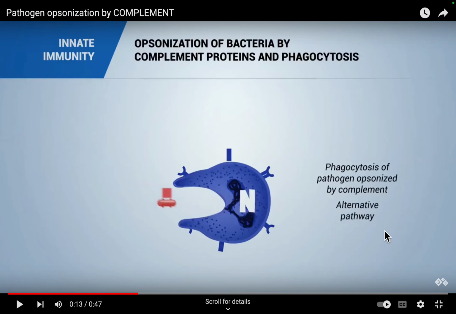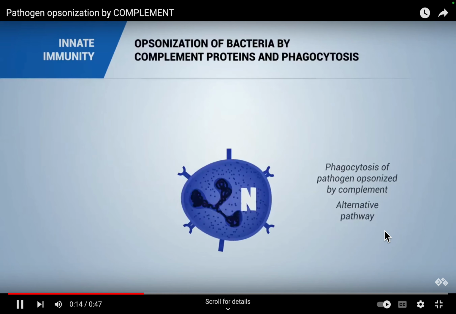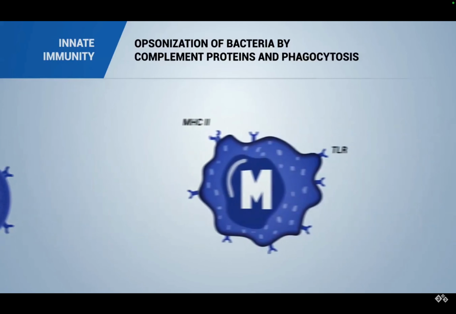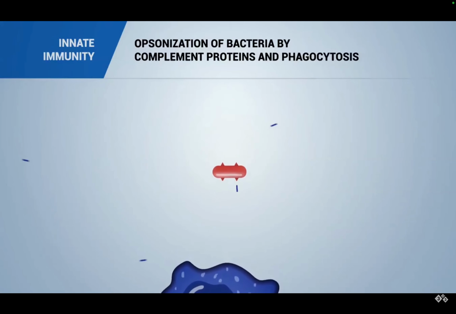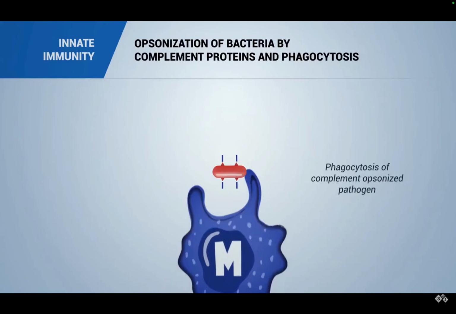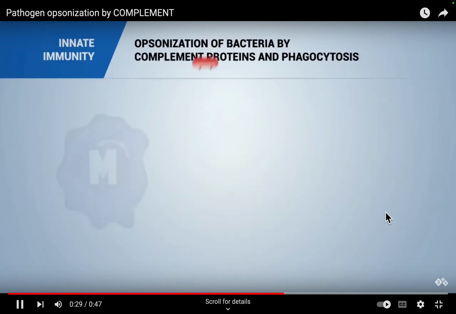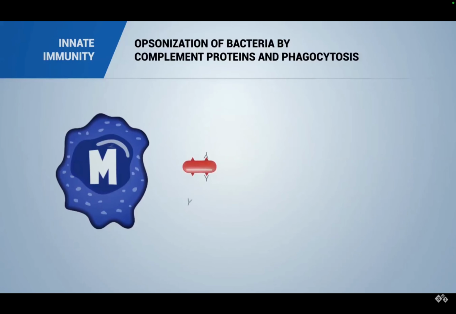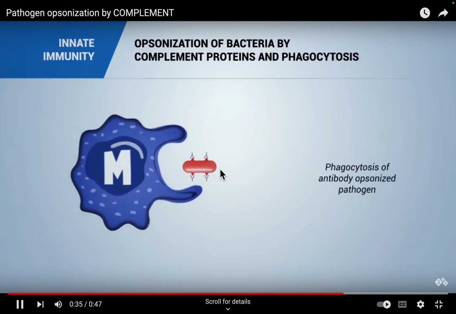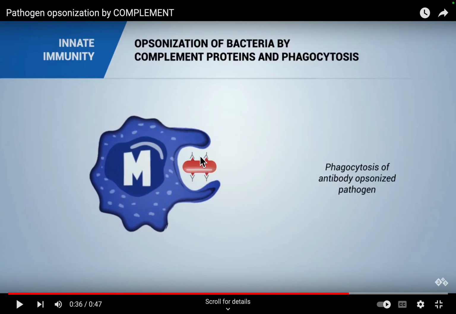This is one example of the mannose binding lectin pathway. This is the alternative pathway. Here it would be the classic pathway. See, pathogens are getting recognized by antibody, okay?